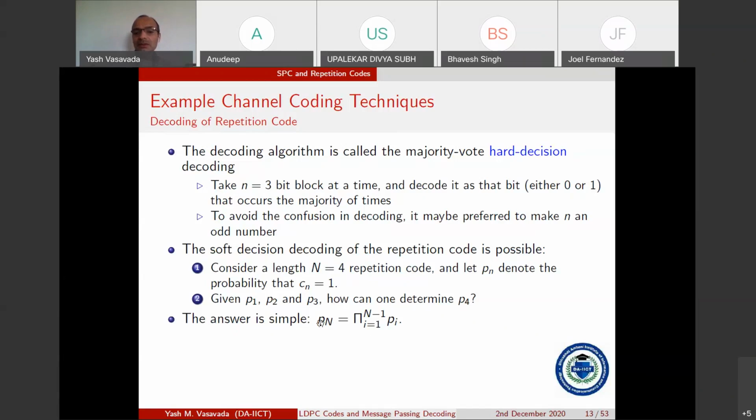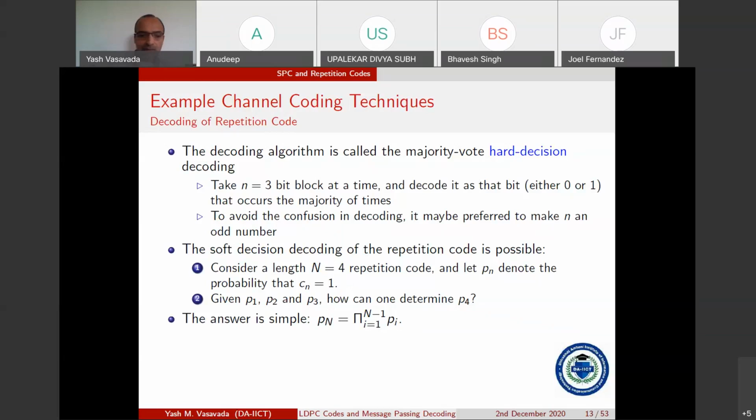So anyways, the point is that similar to what we saw for the SPC code, even for the repetition code, we can determine this probability. If you know the probability of some n minus 1 bits, we can determine the probability of the nth bit.